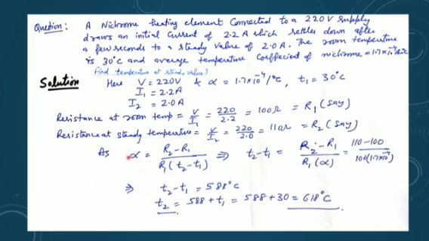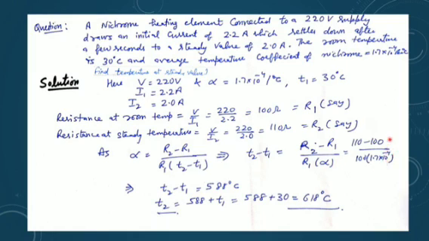Then this formula for the temperature coefficient of resistivity or resistance, here we have to use it for resistance. So I will be writing it as alpha equals R2 minus R1 divided by R1 into T2 minus T1. So from here you can calculate T2 minus T1 by simply putting the values of R2, R1 and alpha. All the values are there with us.